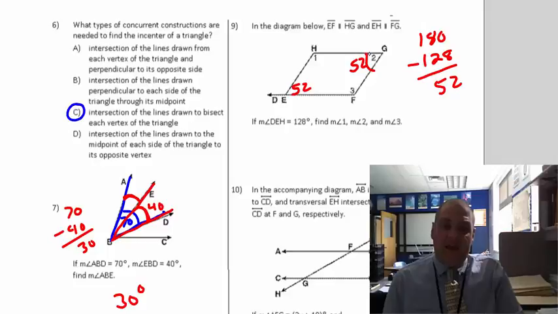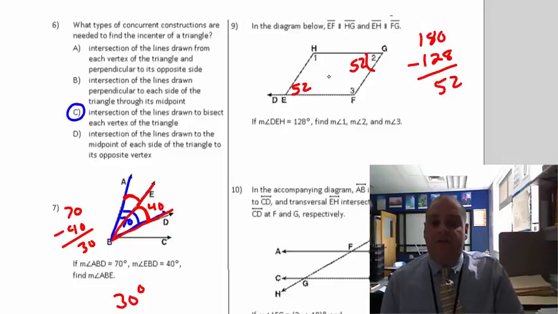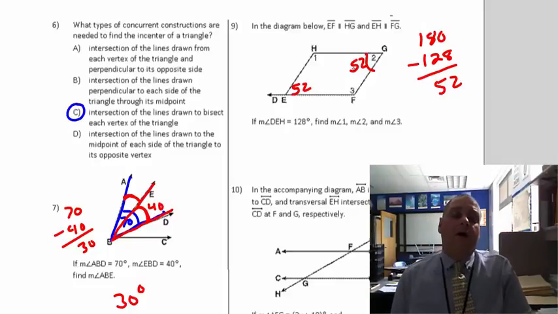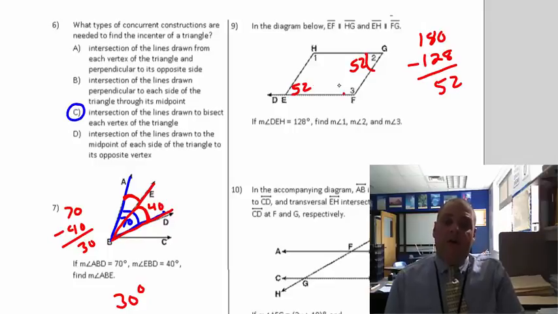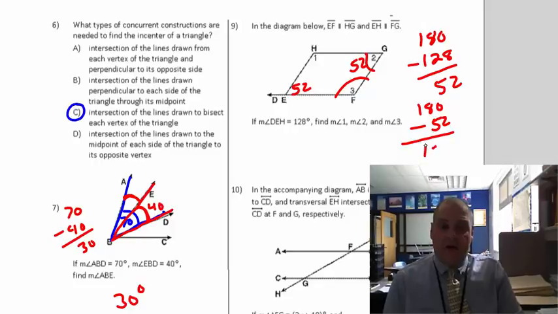All right. And if these are 52, the consecutive angles of a parallelogram are supplementary. So this must be 180 minus 52. All right, so that's going to be 128, which is originally what this was. So angle 2 is 52, angle 3 is 128, and angle 1 is 128.